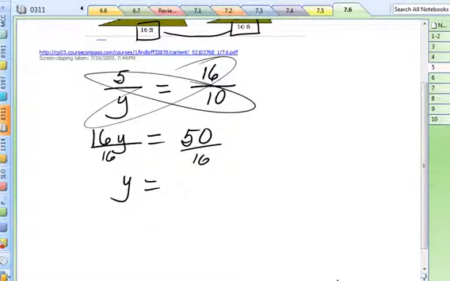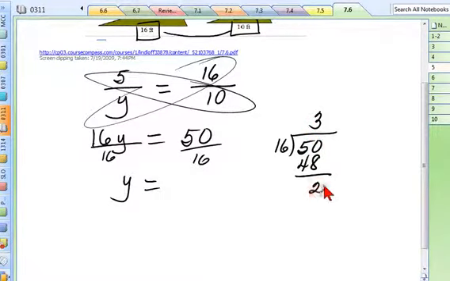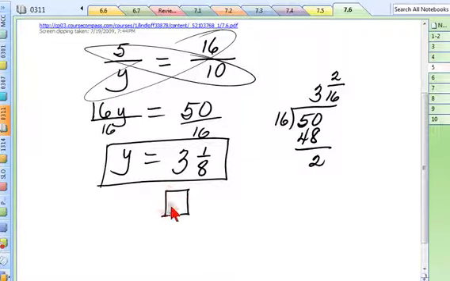So, as a mixed number, 16 does not go into 50 evenly. It goes in there 3 times, which gives me 48. I have 2 left over. It is 3 and 2/16, but that reduces to 3 and 1/8. It is quite unusual, from my recollection, for MATLAB to want a mixed number answer, but it does. Remember, the toolbar has this symbol, and that's the symbol you're going to need to put in a mixed number. So watch the instructions.